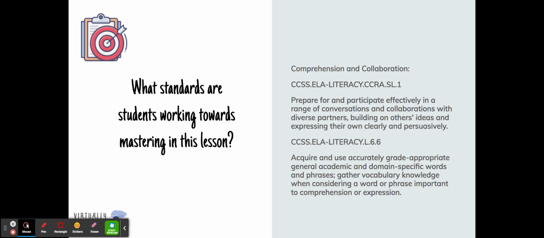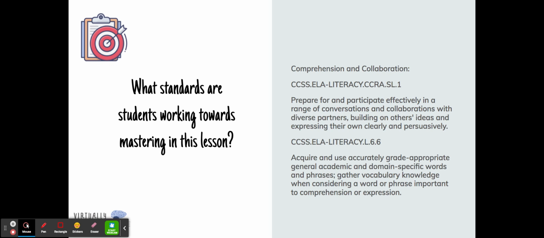What standards are students mastering when they're working on this? The base standards here would be to prepare for and participate in a range of collaborative discussions with diverse partners, building on other people's ideas, expressing their own ideas clearly and persuasively, and also acquire and use grade appropriate academic and domain specific words and phrases.